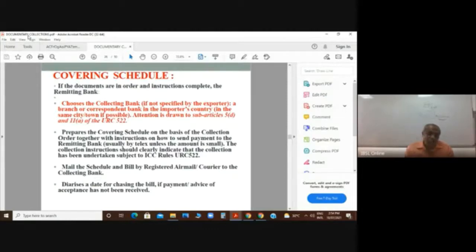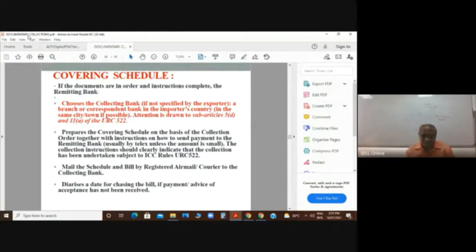Once you dispatch the documents along with the covering schedule, you have to diarize for follow-up actions. Those days when we started banking, we used to diarize these things. Now we can get a computer printout of bills dispatched 7 days before.